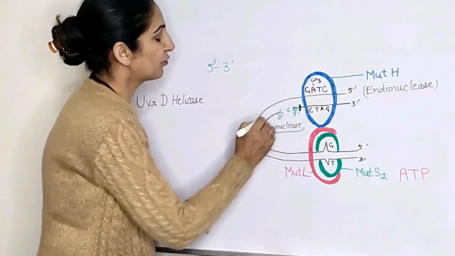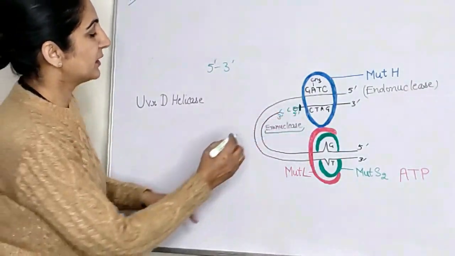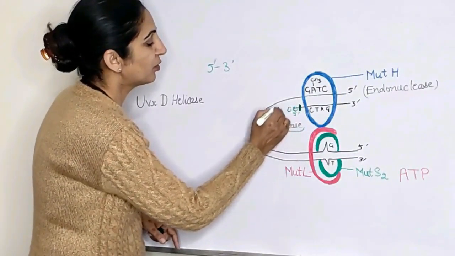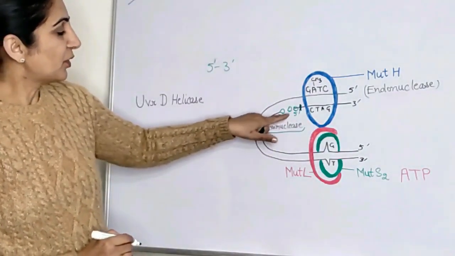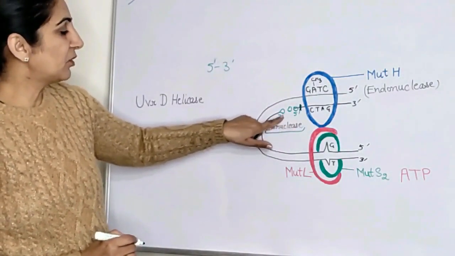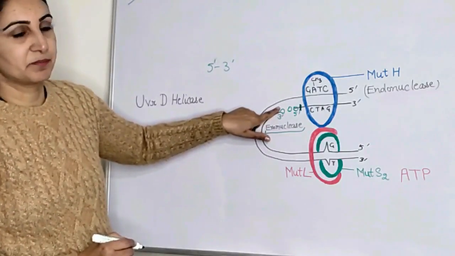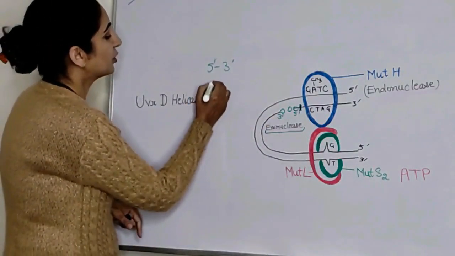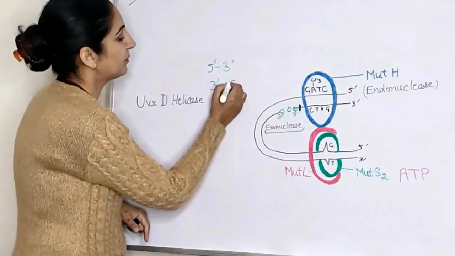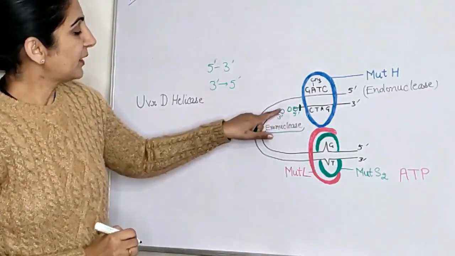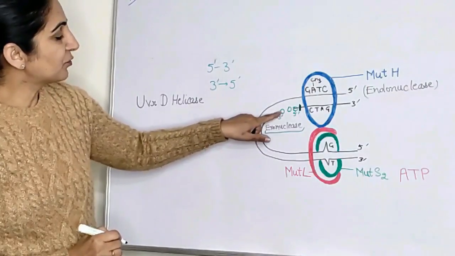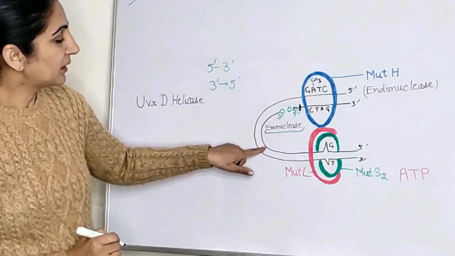Suppose we have removed one nucleotide, this is the second nucleotide we have removed, and this is the third. So it has to ultimately remove the nucleotides from the 3' end, so we have to use a 3' to 5' exonuclease.